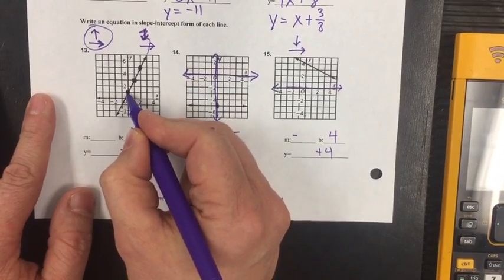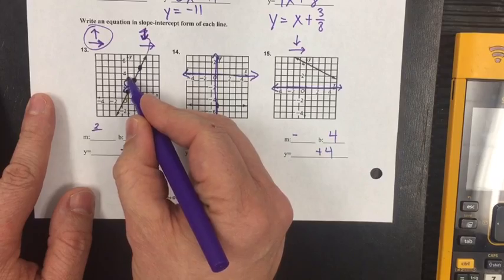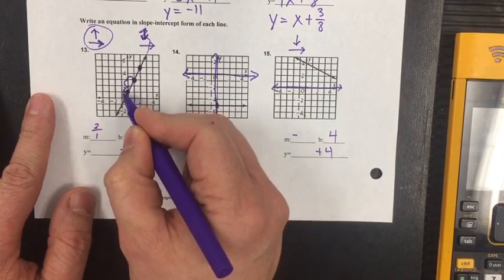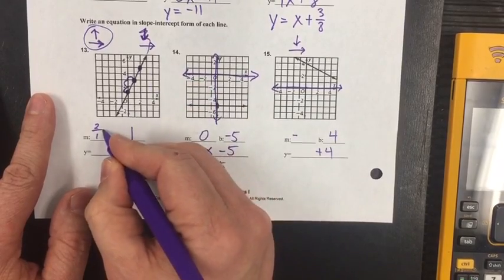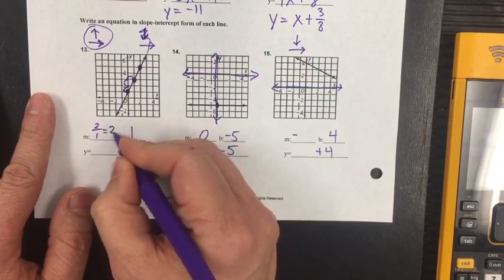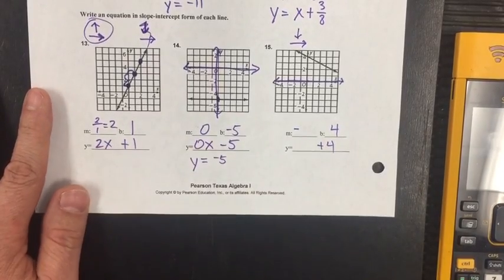So how many am I going up? I think Marcel said it. 2. My top number is 2. How many to the right? 1. So I'm going up 2, 1 to the right. When I reduce that, what is 2 divided by 1? 2. So my equation here is y equals 2x plus 1.